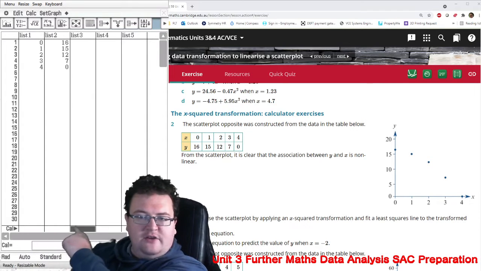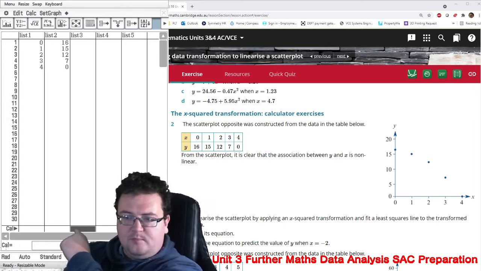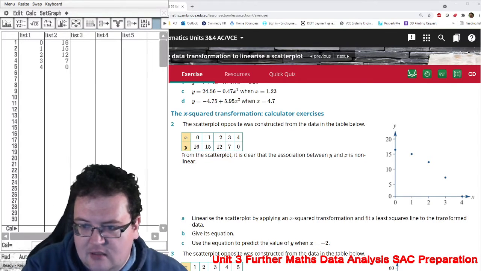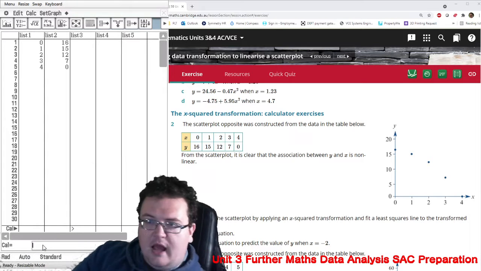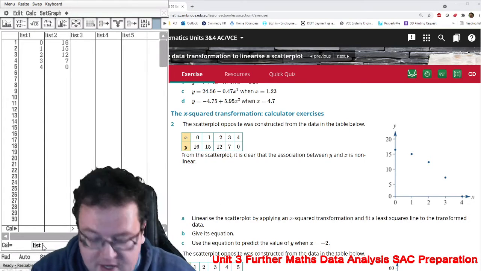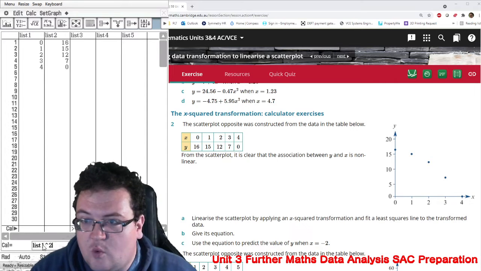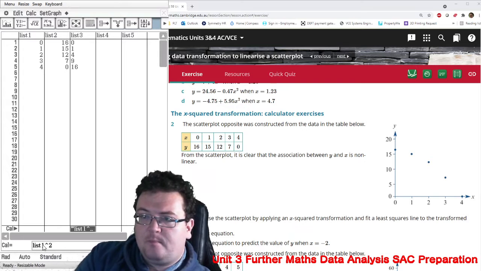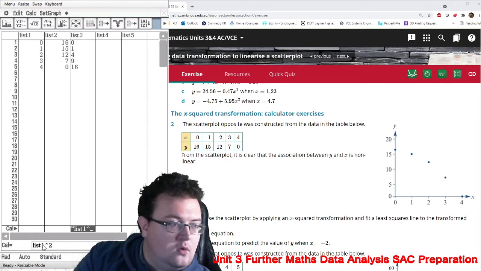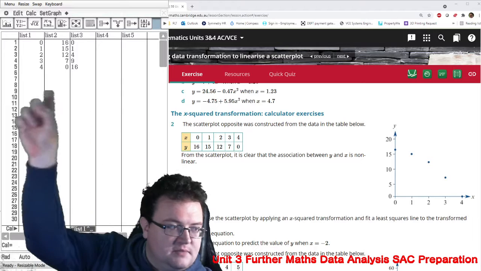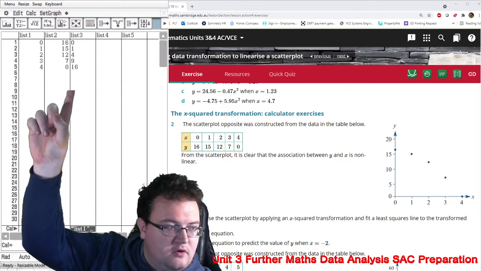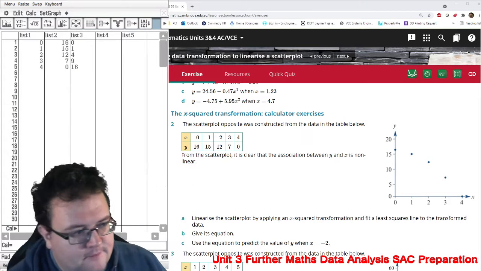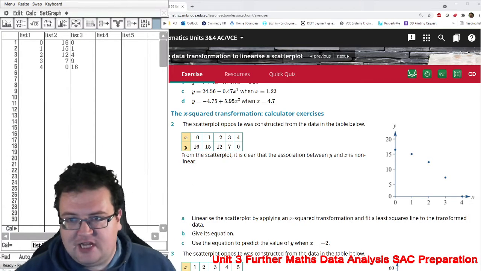If you click on the bottom of that for list 3, and you type in there list 1 squared, like so, and we hit enter, it will now fill in all the values at the top there with the appropriate numbers. Now, that is part of doing an x squared transformation.